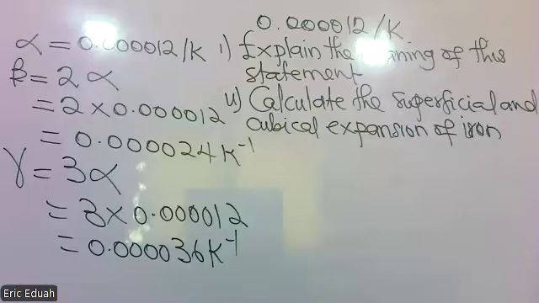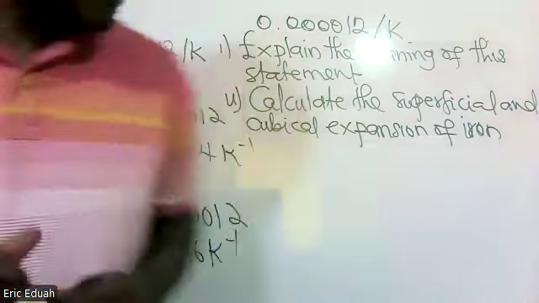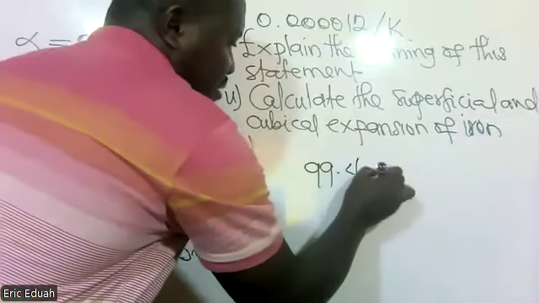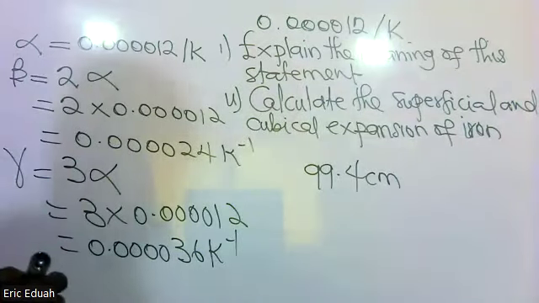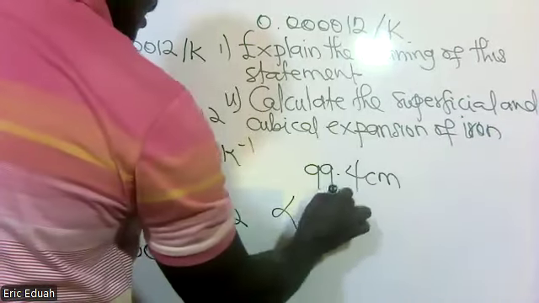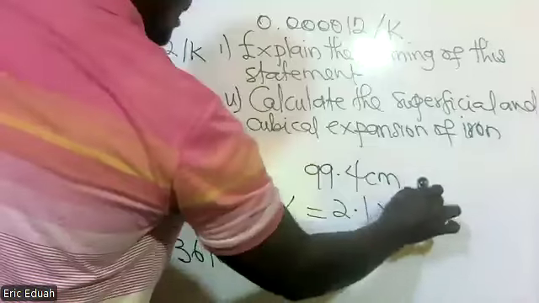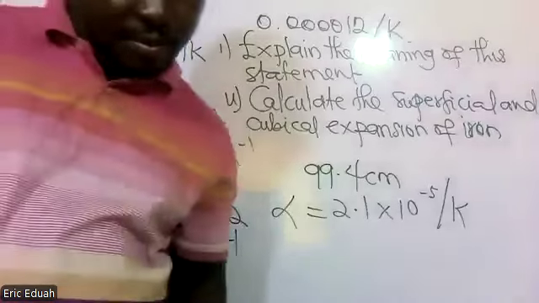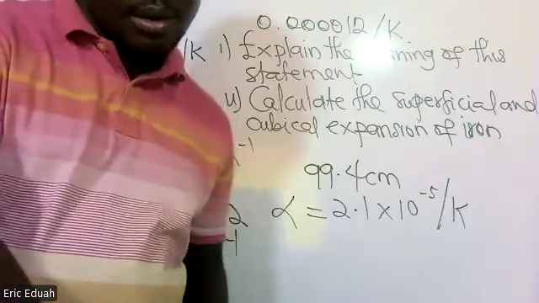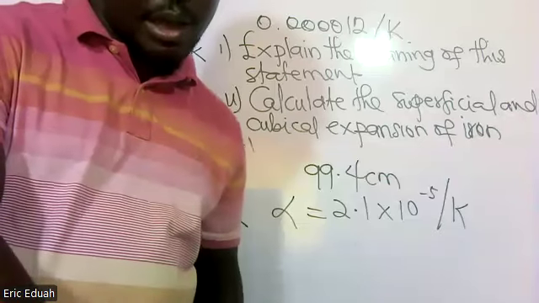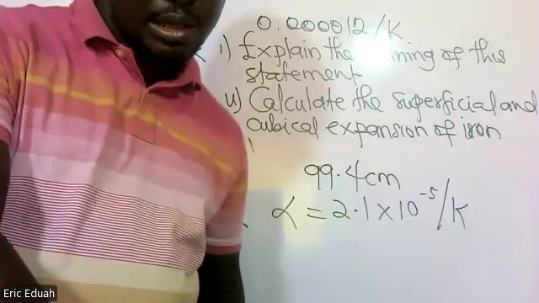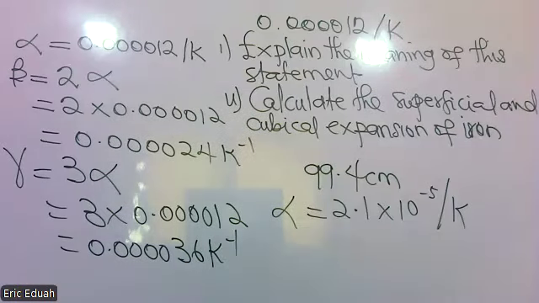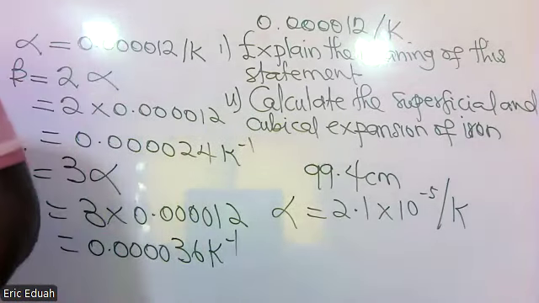Please, you said the rod length is what? 99.4 centimeter. Okay, thank you. Then the linear expansivity is 2.1 times 10 to the power -5 per Kelvin. Okay, so I'm repeating the question.